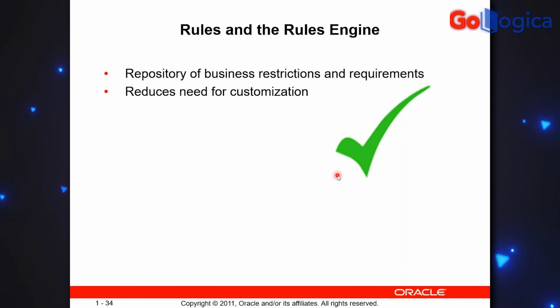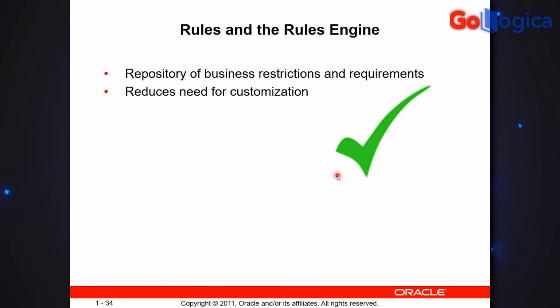So coming to rules and rules engine. This is the heart and soul of our WMS, as we all know. Rules are nothing but we can write some of the restrictions and requirements for our business scenarios, and Oracle provides us the flexibility to have them in WMS. So we have the specific screen where we can write the picking rule, put away rule, and all those other rules.